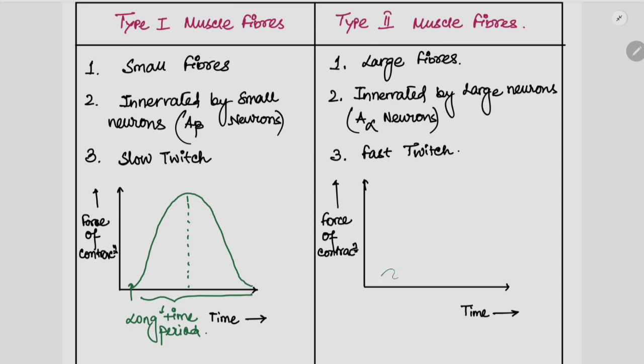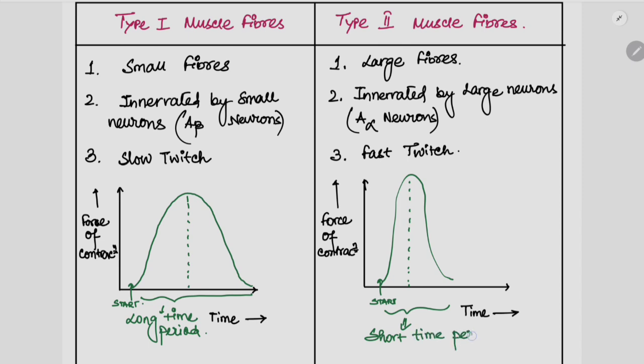It is the first twitch, the starting point of the contraction, and it goes like this, over a short time period. So type 1 muscle fibers are slow twitch, whereas type 2 muscle fibers are fast twitch muscle fibers.